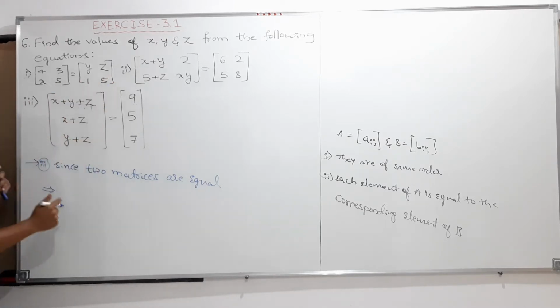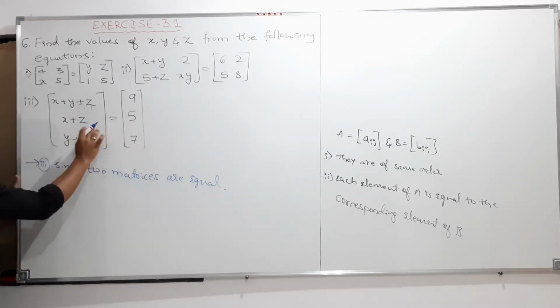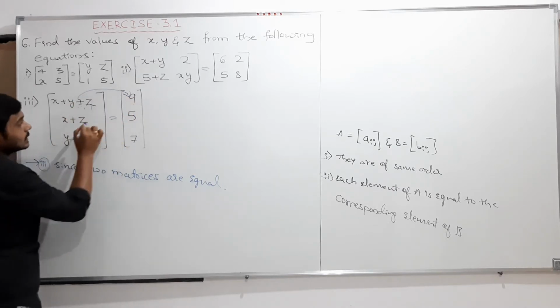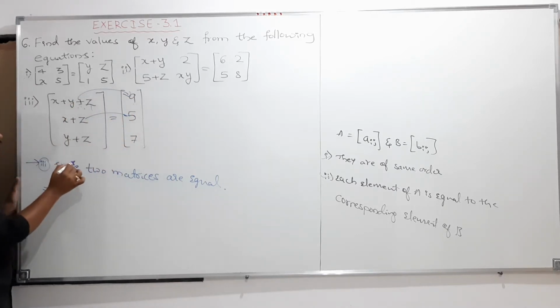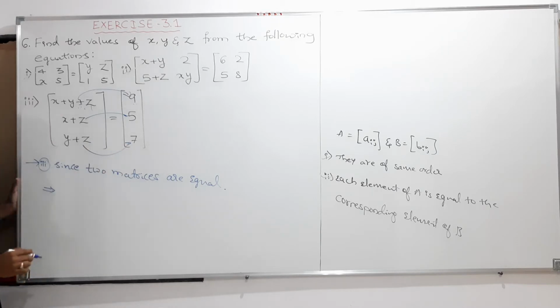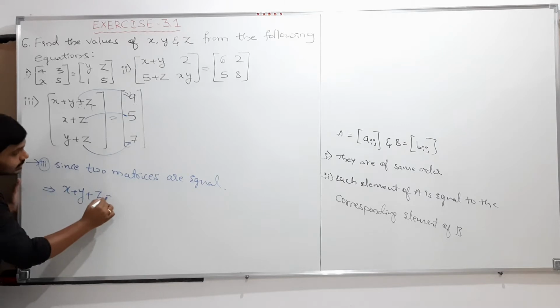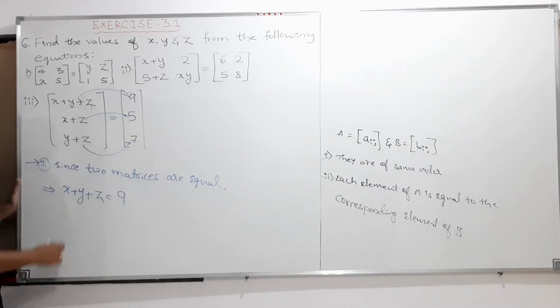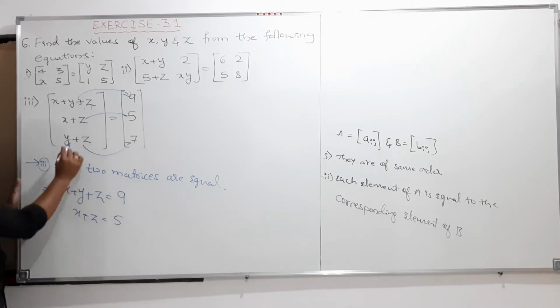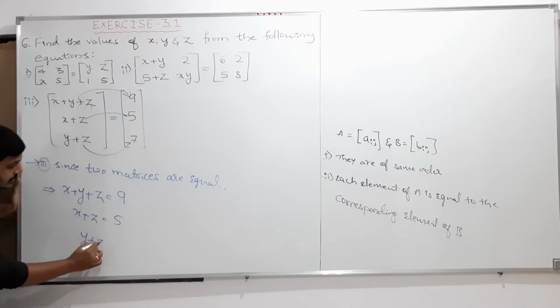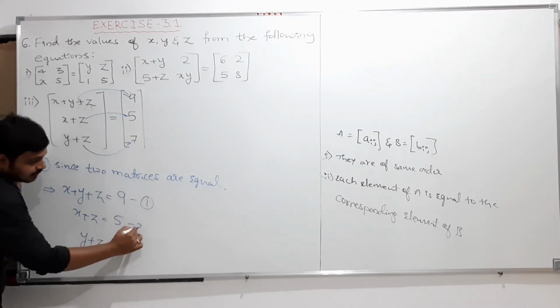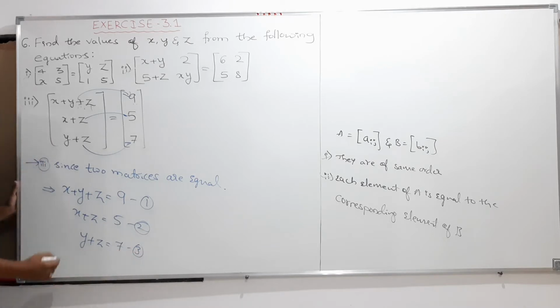So since the two matrices are equal, this element is equal, this element is equal, and the next element is equal. Therefore I am writing x plus y plus z is equal to 9, next x plus z is equal to 5, and y plus z is equal to 7. I'll call these equation number 1, equation number 2, equation number 3.